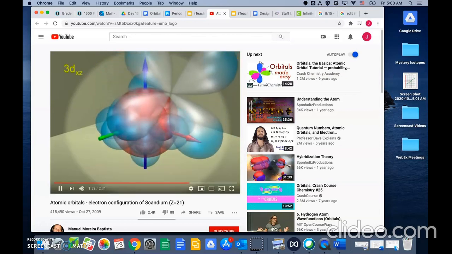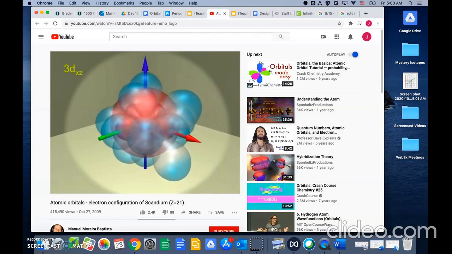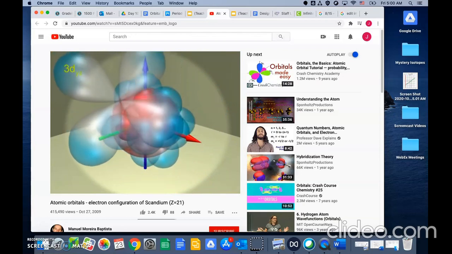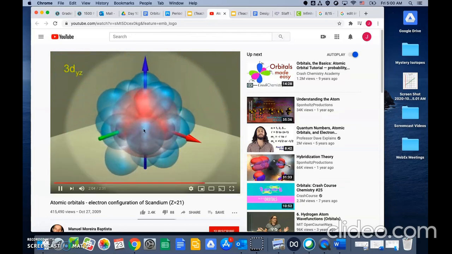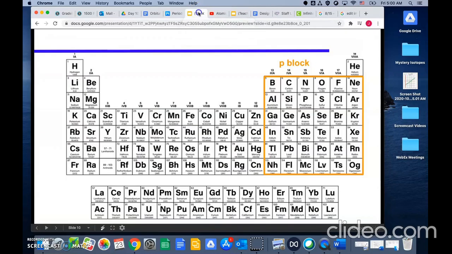Same thing with that one, and same thing with this last one. They look like two sets of p orbitals, but they're all in different orientations. You can see once they get all on top of each other, it's kind of difficult to even keep them straight.